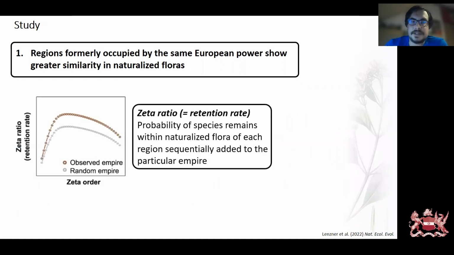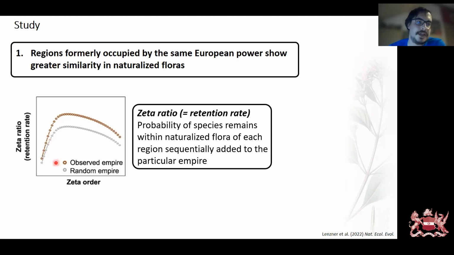As I said, we used the zeta diversity concept, and here I explain a bit how this figure works. We have on the y-axis the zeta ratio or retention rate, and the retention rate is the probability that a species, so a non-native species, remains within the naturalized flora of each region, sequentially added to the particular empire.